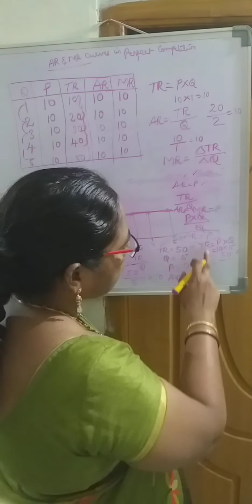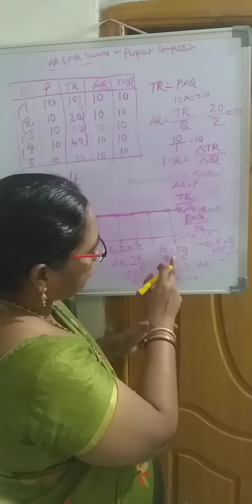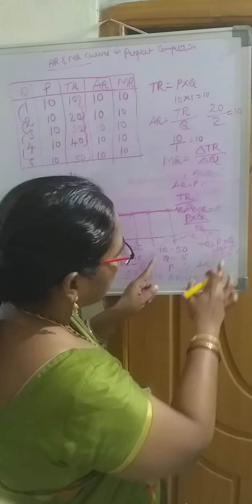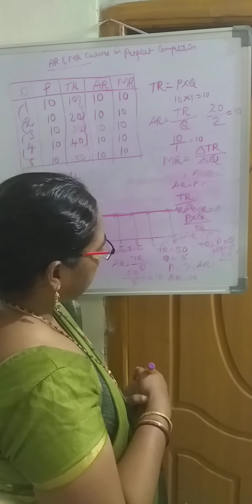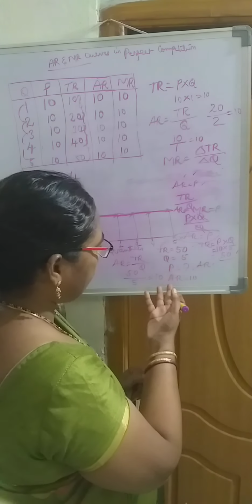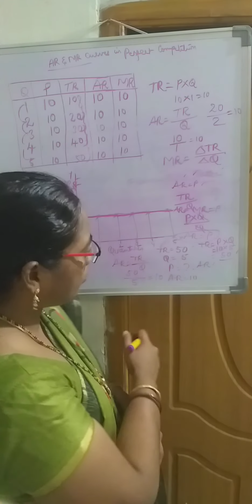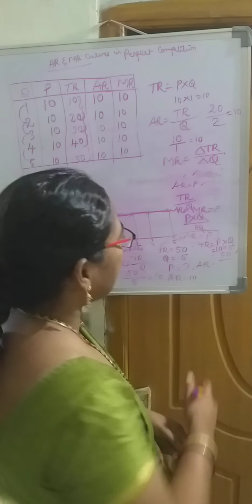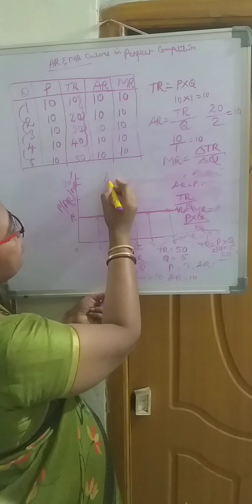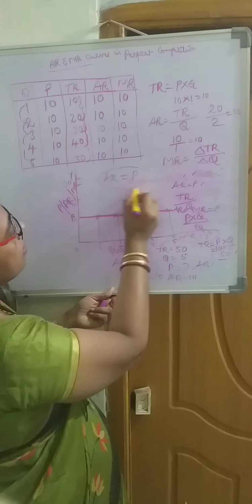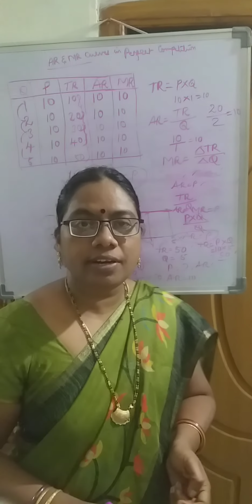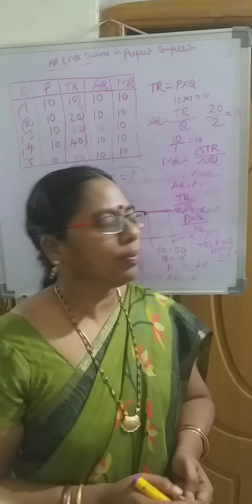And now when we have taken TR as 50 and quantity as 5, we also got AR, that is AR is equal to TR by Q, which is 10. So in this way we can say that AR and price are equal. Average revenue and price are equal.